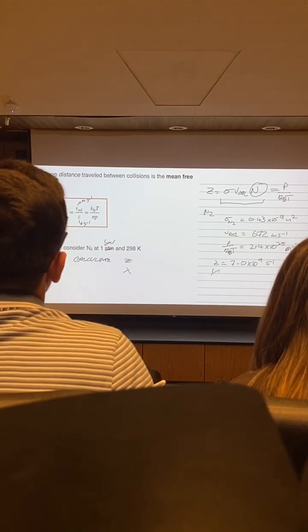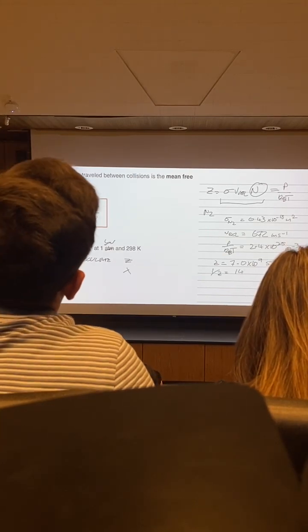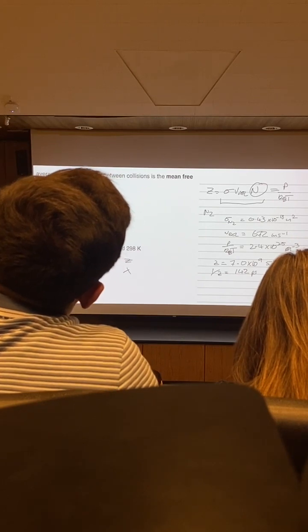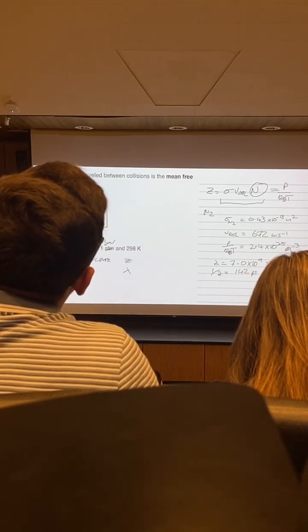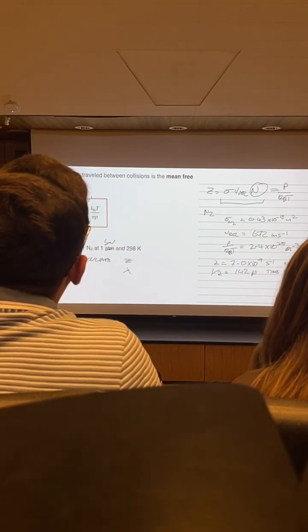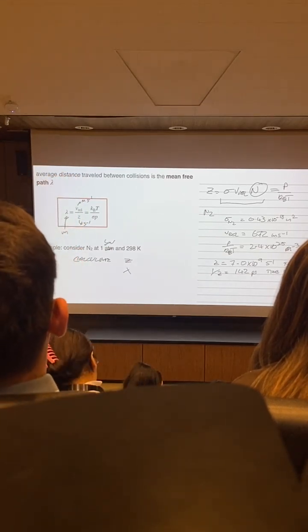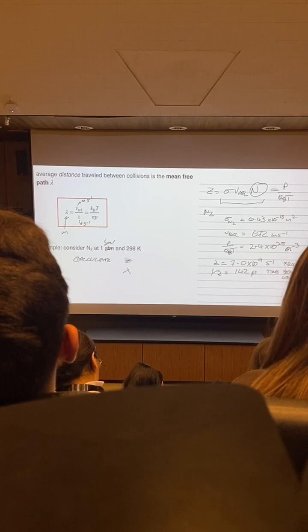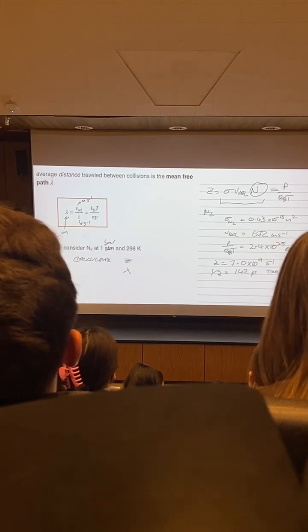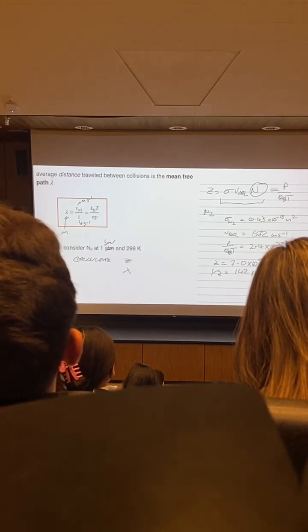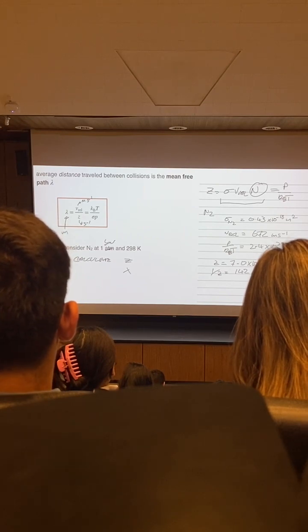So 1 over Z is about 142 picoseconds. So every 140 picoseconds, my N2 molecule collides with another molecule, at 1 atmosphere and 298 Kelvin.